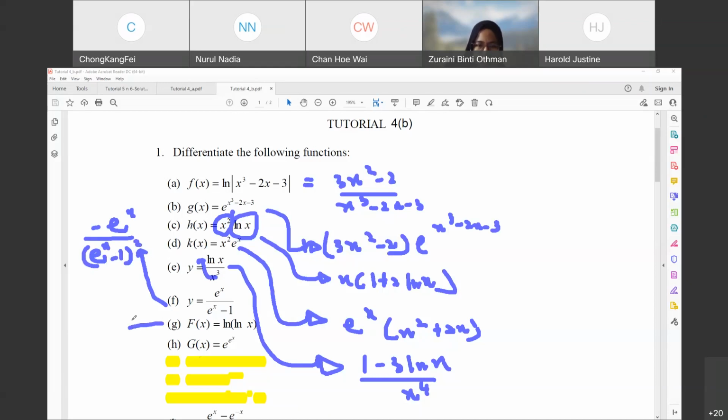And yang ini pula ialah, okey kalau ada soalan boleh tanya tau kalau kamu punya jawapan lain. x ln x, and this one will be eksponen kuasa x. Sekejap ya, padam. Eksponen x campur x. Okay, this is the final answer until h.